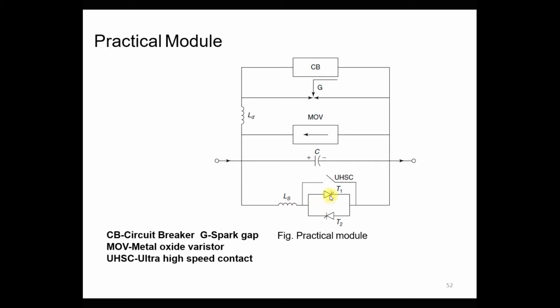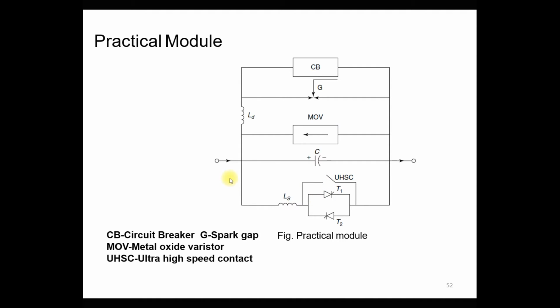So when these two thyristors T1 and T2 conduct for a long duration of time, conduction losses happen, and if the duration of conduction is very high, then the conduction losses become very high. So to reduce these conduction losses of T1 and T2, we provided the ultra high speed contact across this.